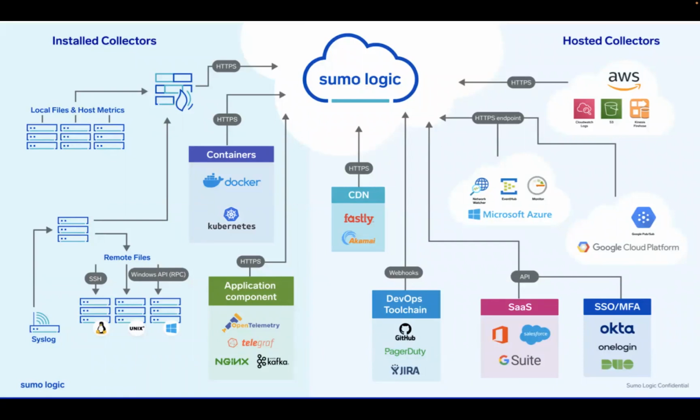All these integrations are ready-made and built-in, where you don't require any hosted or installed collector. Just using the APIs, we collect the data from there. Of course, you need admin access to get the data read. Once it is done, it is continuously sending the data into Sumo Logic, and we can make use of it and deploy solutions out of it.